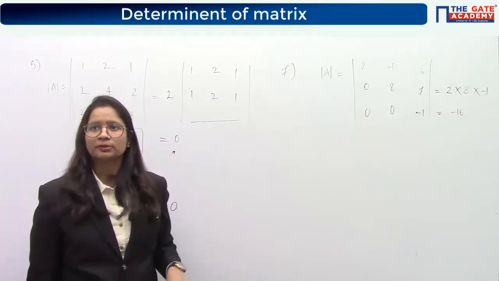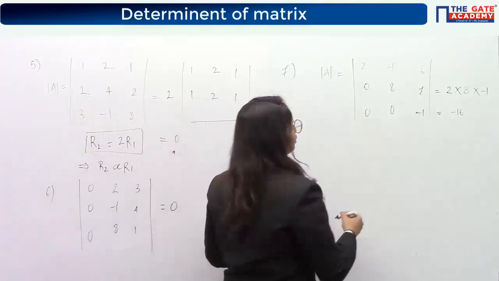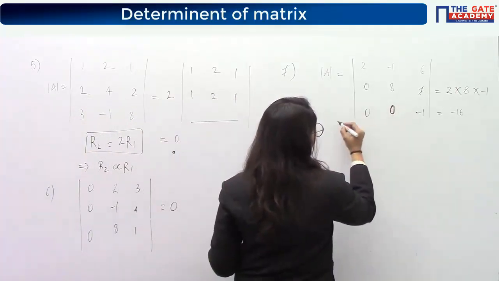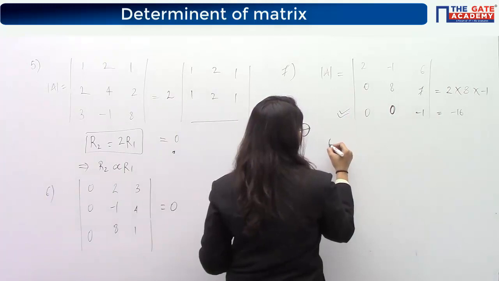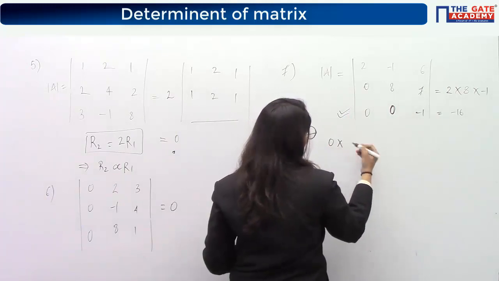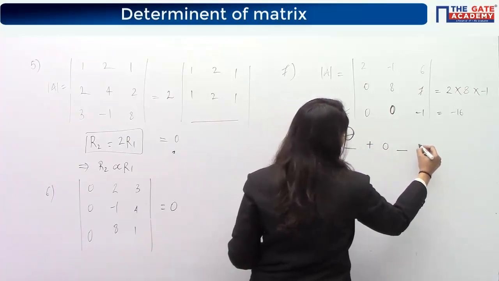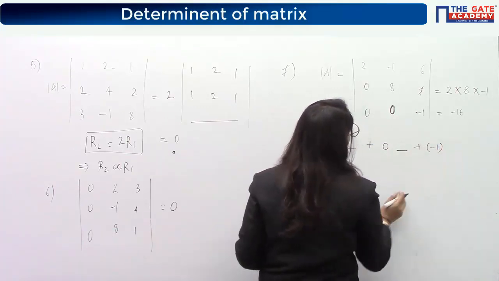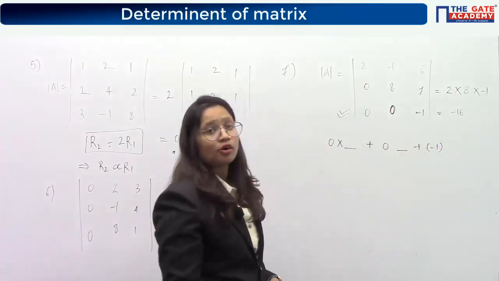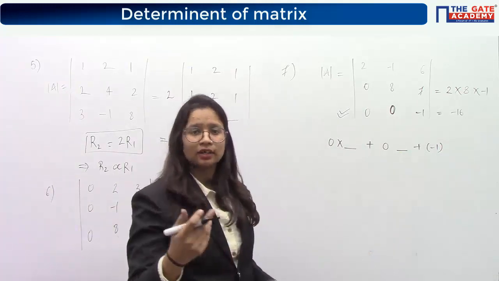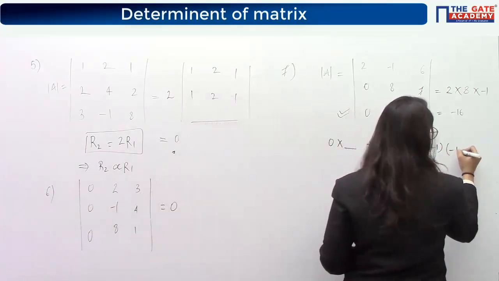Okay. And if you expand using that formula also, if I select this row along which the expansion needs to be done, then you will say 0 into the cofactor of 0, obviously 0, plus 0 into the cofactor of 0, obviously 0, plus minus 1 into the cofactor of minus 1. Now the cofactor of minus 1 is minus 1 to the power, what?